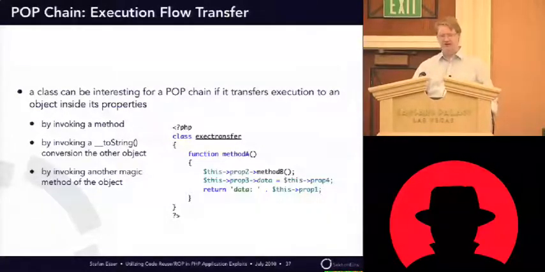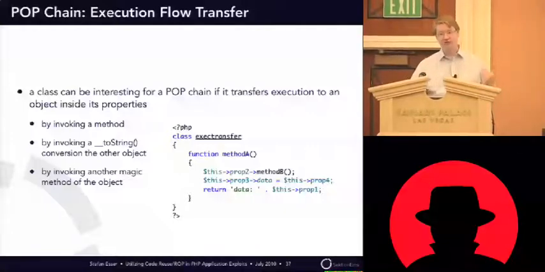Or you find something that writes a log file, so you could write a file to the disk. But most of the time, the destructor will do nothing else than call another method of another object. So you need a way to transfer the control from one object to the other.